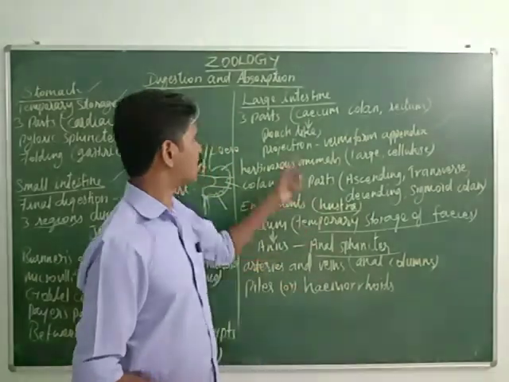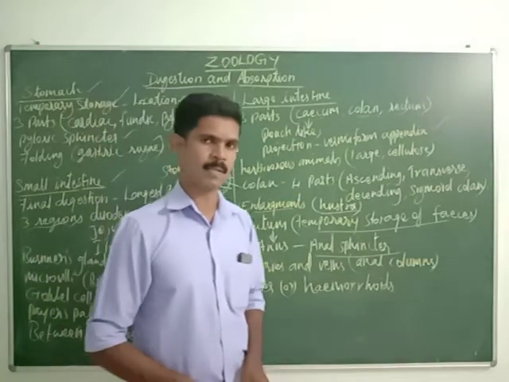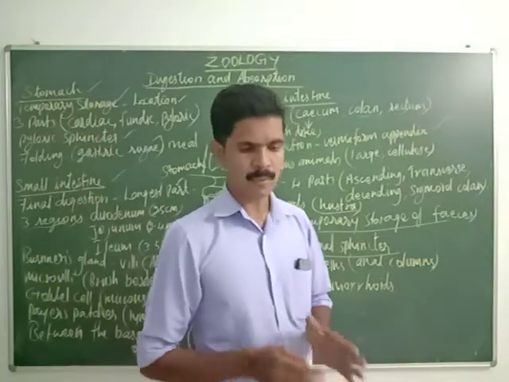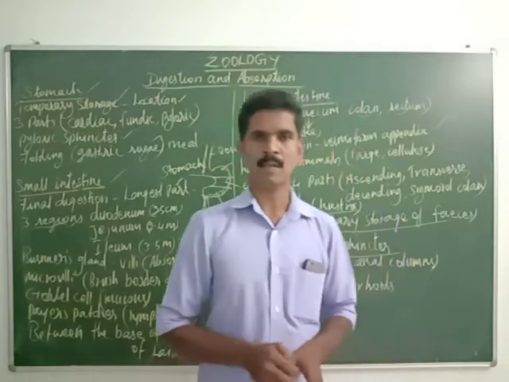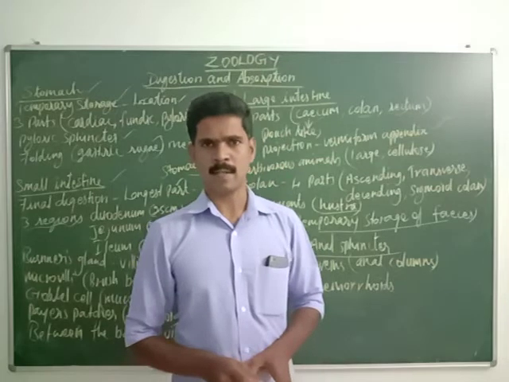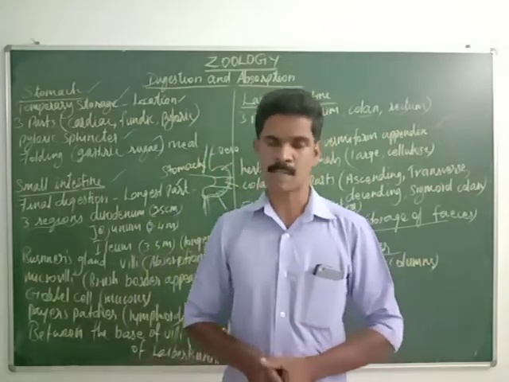So dear students, now we completed the large intestine, the structure of the large intestine. So now we have completed all the organs of our alimentary canal. Many one-mark questions are there, particularly on sphincter muscles.